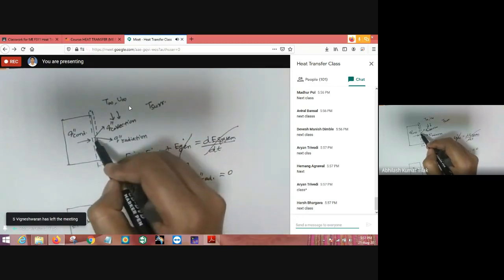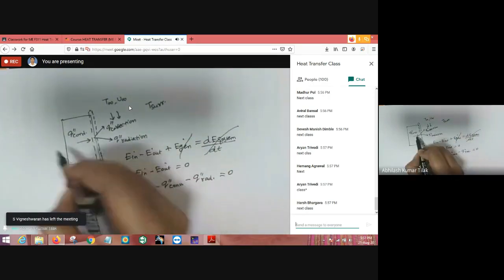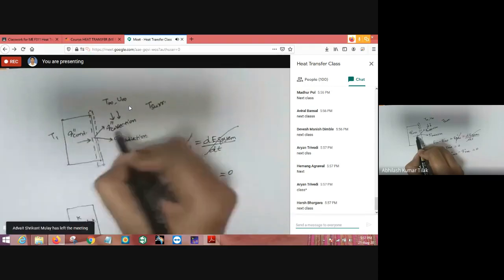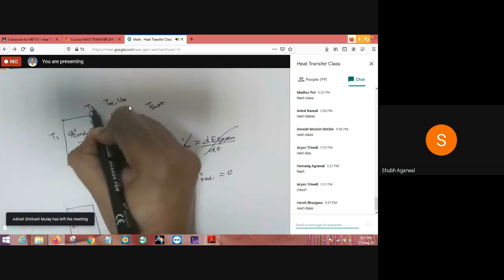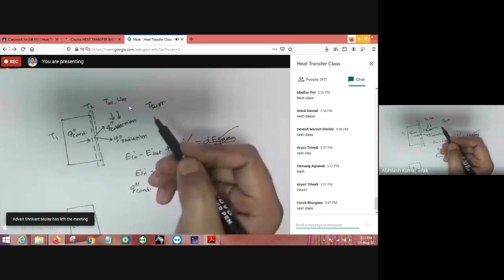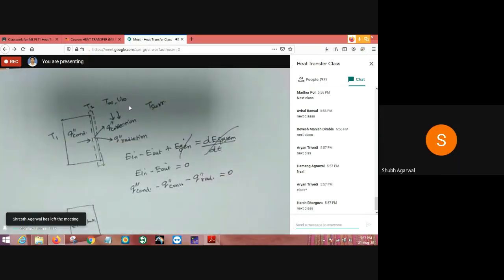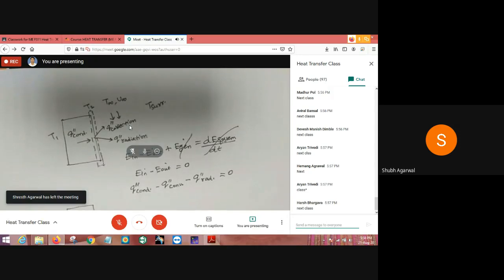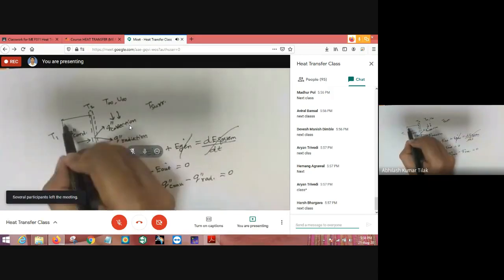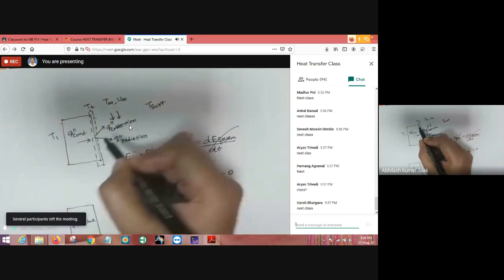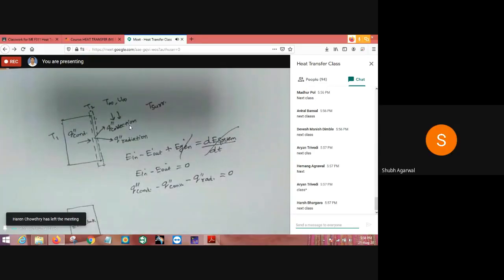To this surface, the heat will be conducted. If you are considering this surface at temperature T1, the surface here is at temperature T2. Here there will be a heat transfer from high temperature to low temperature. So at the surface, the analysis was done. Okay, thank you, sir.